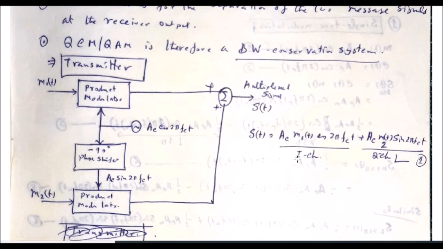That's why they are not mixing, and by using the same bandwidth 2W, we can transmit the two different signals. It is doing the conservation of bandwidth.